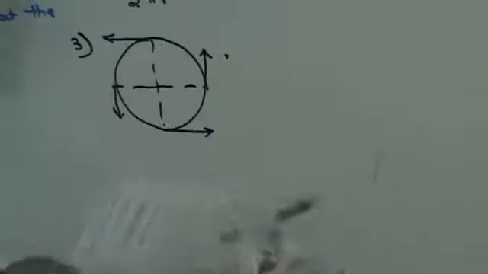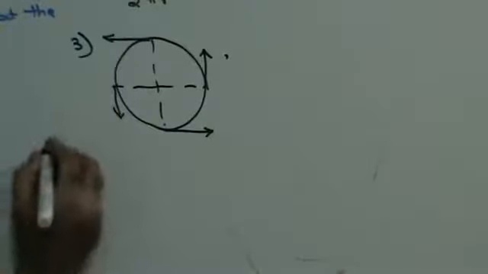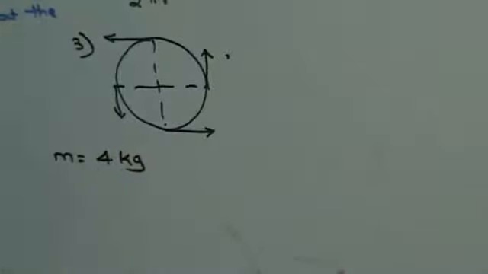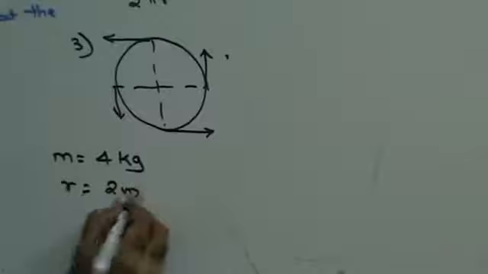Right? Let's see this. What is the data given to you? They have given you that mass of the stone is 4 kg. They have also given you that it is rotated with a string of radius 2 meters.